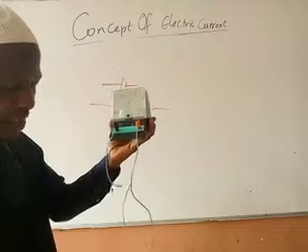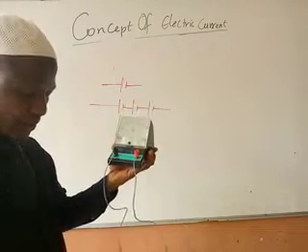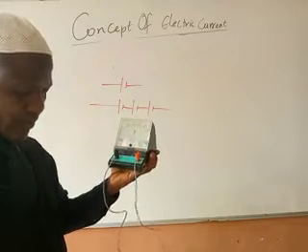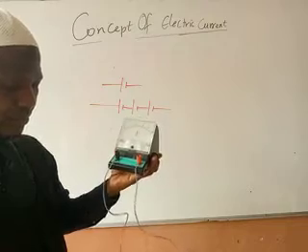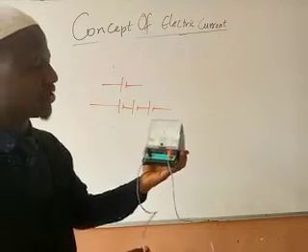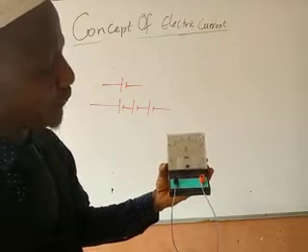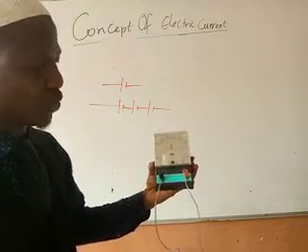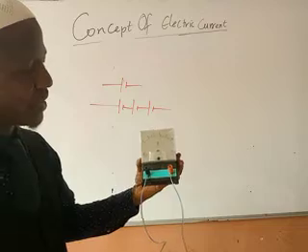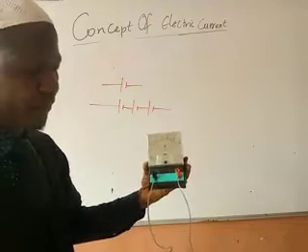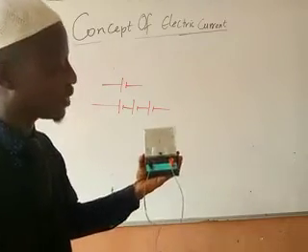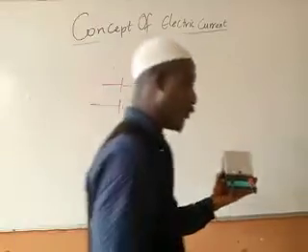So you can see, you have it like this. Here, this one is giving us 1.4 because it has been used. If it were newly bought, it would be 1.5. That is the voltage inside. But now it's giving us 1.4 volts.